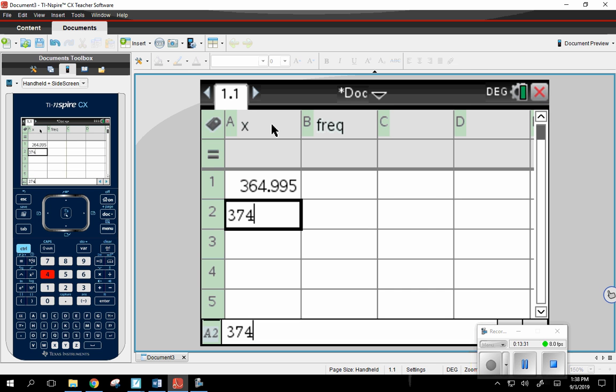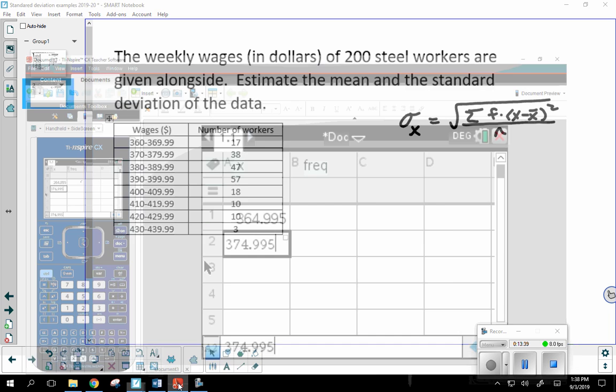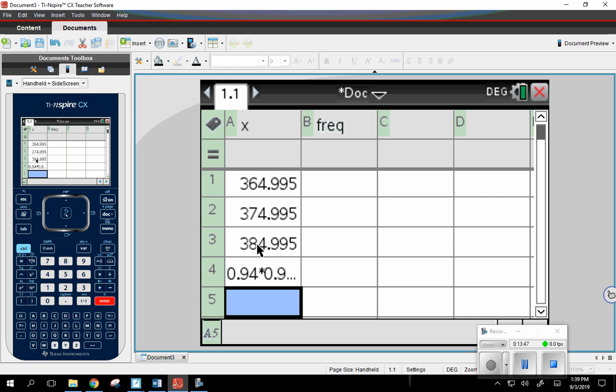So 374.995, and let me just double check to make sure that is correct. Yeah, 74, 84, and it goes all the way through 434. So 384.995, 394.995. There we go. That looks better.